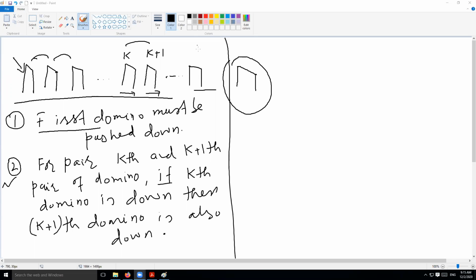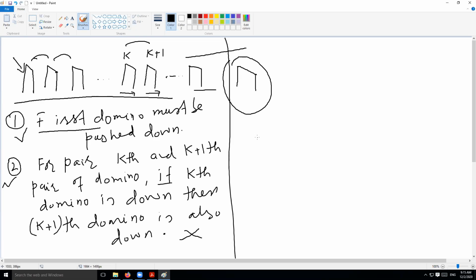So in other words, if the last domino is at some distance and is not down, this means that the second part is not true, because you have found a pair for which the kth domino is down, but not the k plus one. So I'm saying that if both of these conditions are true, then all of the dominoes are going to be down no matter where they are.